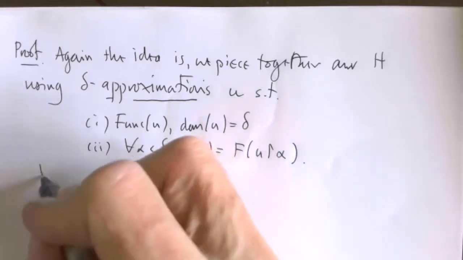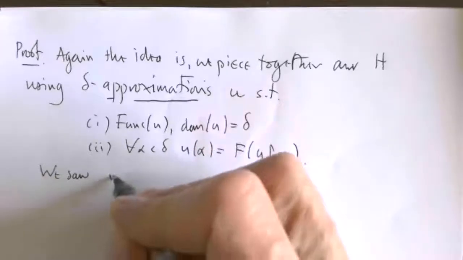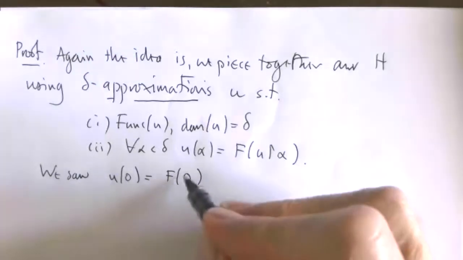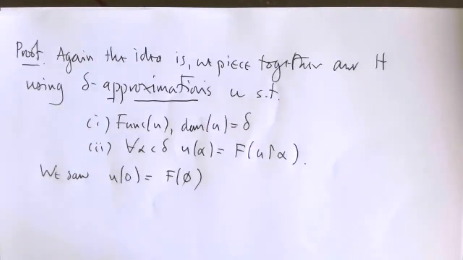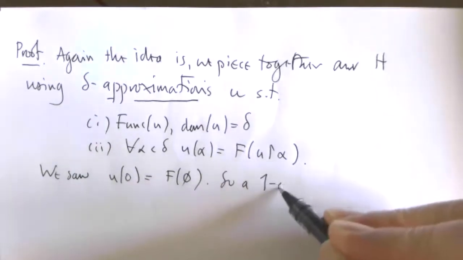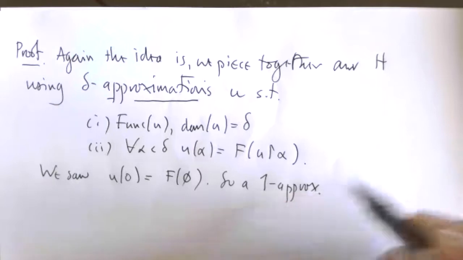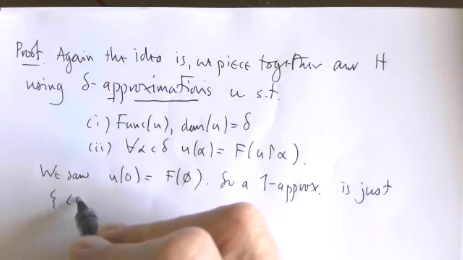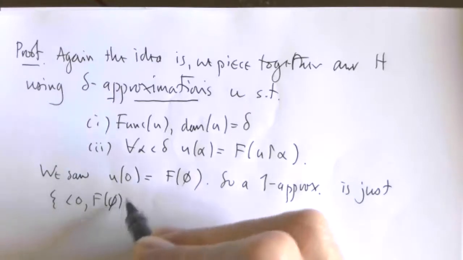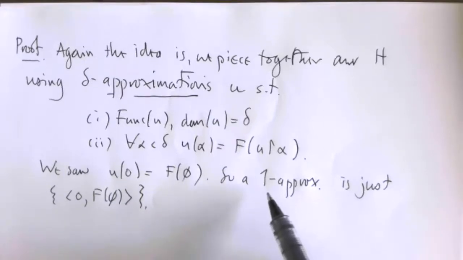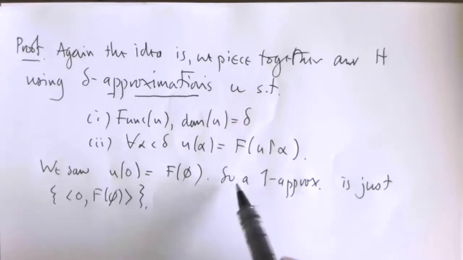So we saw u of 0 is just going to be f of 0, or f of the empty set, which is whatever it was. So again, a 1 approximation is just the ordered pair 0, f of 0. Right? It's a 1 approximation because its domain is just the set containing 0.